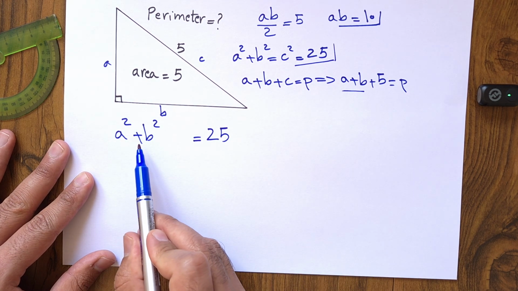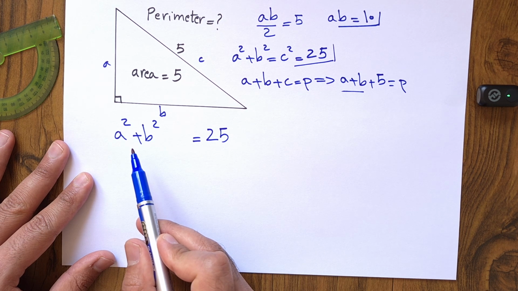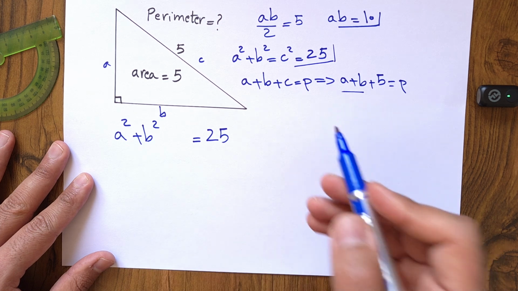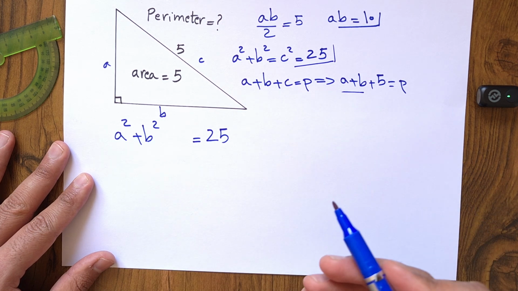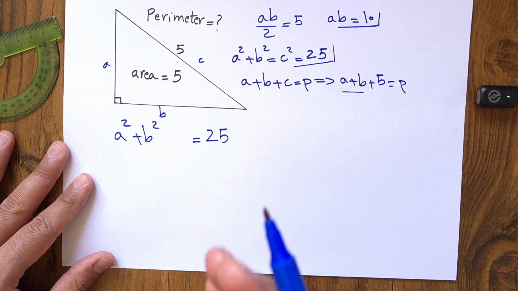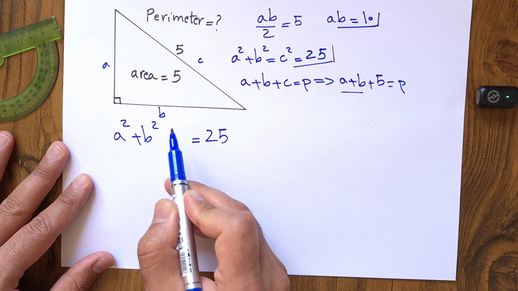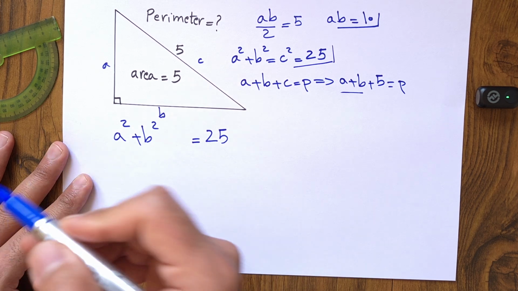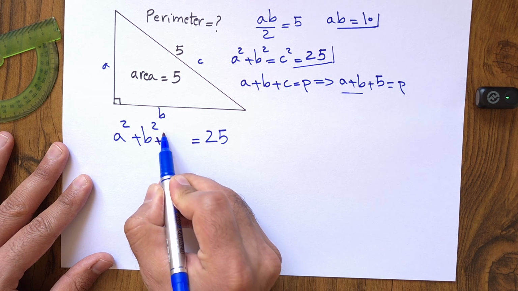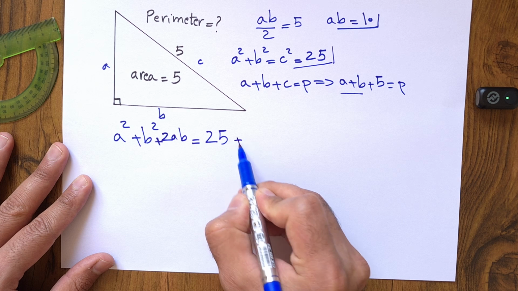But it sounds a little familiar and interesting, because this is like the famous identity of A plus B squared, right? A plus B squared is A squared plus B squared plus 2AB. So maybe we can add 2AB to both sides and then turn it into this famous identity. So I'm adding 2AB here, plus 2AB and 2AB.